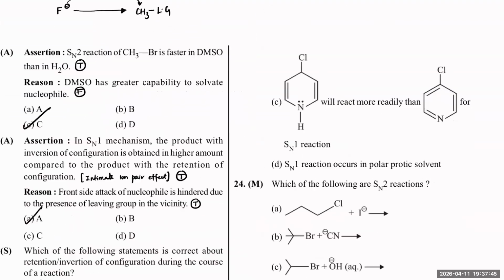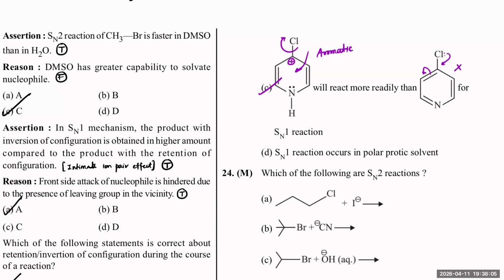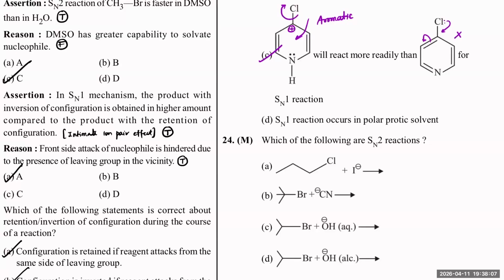Next. This one is more reactive than this one. This is true because removing chlorine from here creates a positive charge and the ring will become aromatic. Here chlorine is already in resonance with it, so it is very difficult to remove chlorine. So no reaction. This one is also true. SN1 reaction happens better in polar protic solvent.